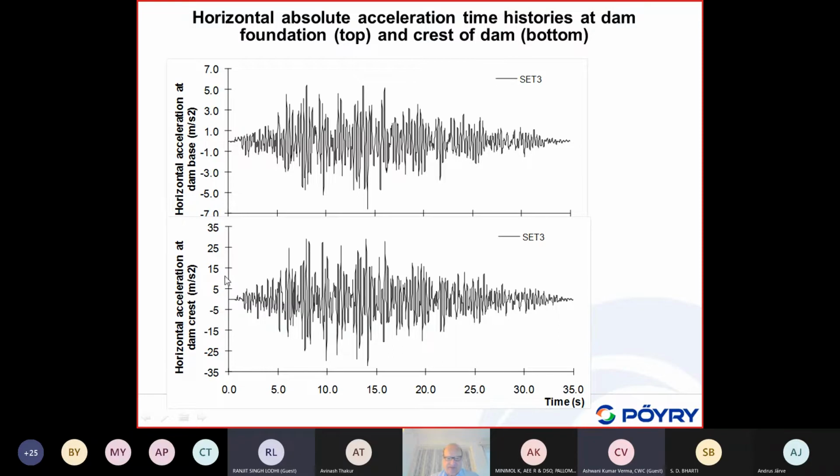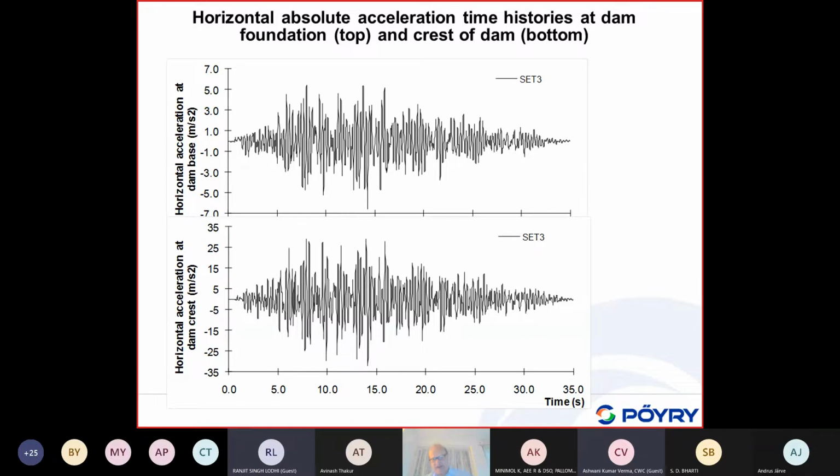And if you look at the dam crest, you see the acceleration is about 35 meters per second squared. This is about 3.5 g. So compared to the base acceleration of 0.8, 3.5 is an amplification factor of about 4.5.